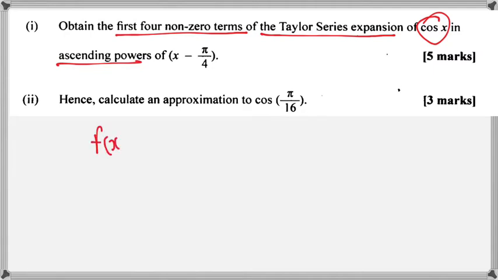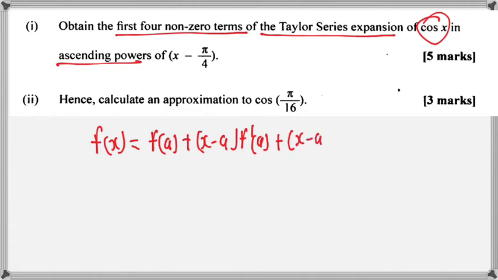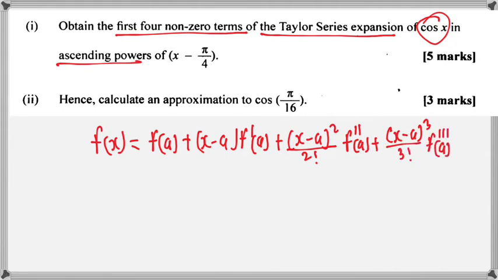If the function is f of x, then it can be expressed as f of a, where a is the value that it is centered at, plus x minus a by f prime of a, plus x minus a whole squared on 2 factorial by f double prime of a, plus x minus a whole cubed on 3 factorial by the third derivative of f of a, plus dot dot dot.